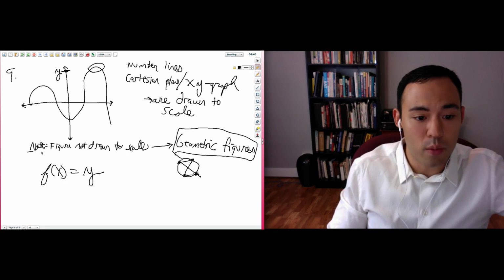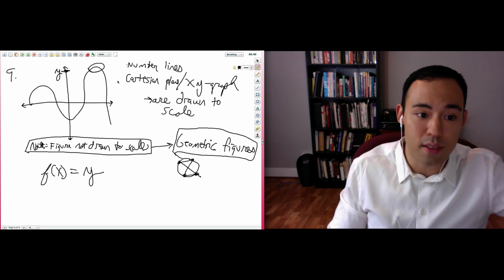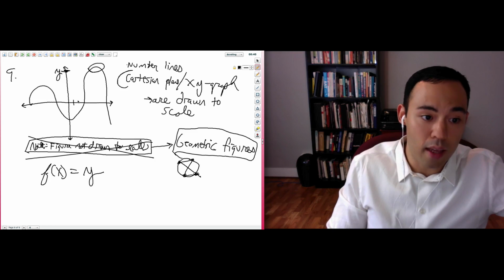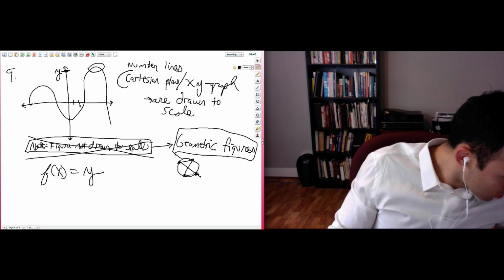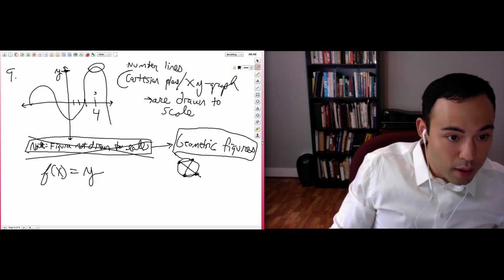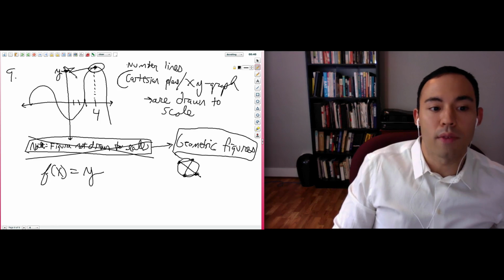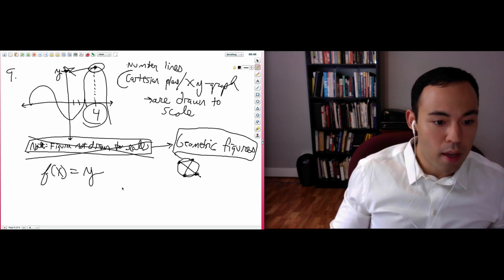The reason I talked so long about figures not drawn to scale is because this is a Cartesian graph. It is drawn to scale, and you can just count the tick marks. 1, 2, 3, 4. That 4 lines up with the maximum y value of this noodle graph, and so 4 is our answer.